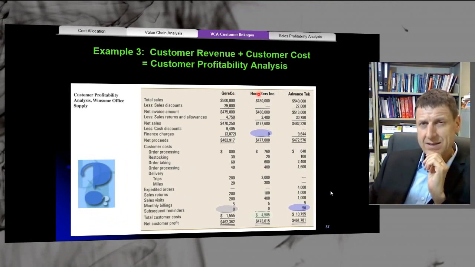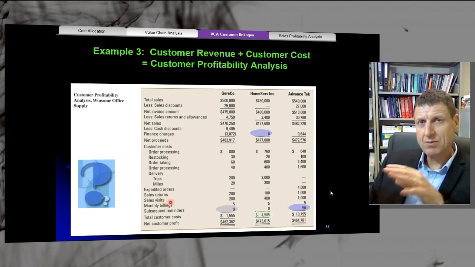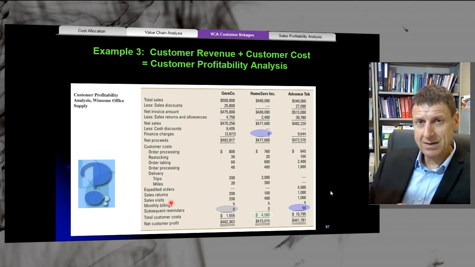So you can start to think what this could mean if you just showed this to management. Maybe management wants to cut down the number of sales visits. Maybe they want to cut down the number of salespeople, and they're thinking, maybe if we don't have Advanced Tech as our customer, we don't need as many salespeople.